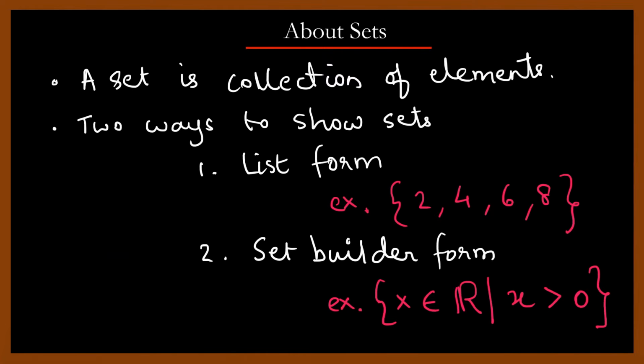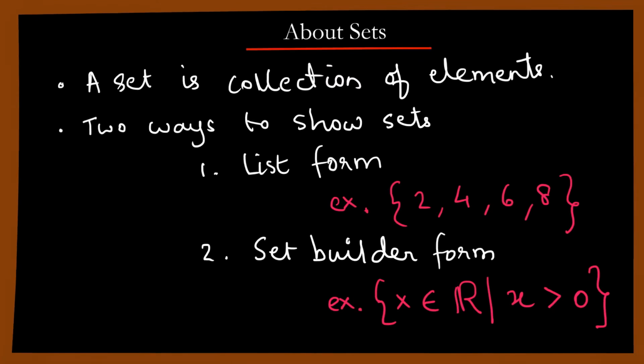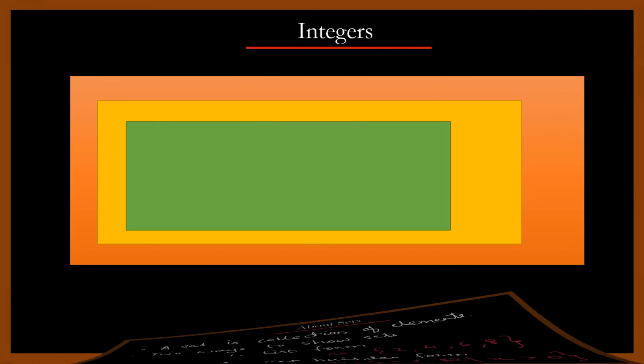All numbers belong to a set called real numbers, and the real number set is R. Rational numbers are a subset of real numbers, and the set is shown with the letter Q. The rational number set contains positive numbers, negative numbers, and 0. This subset of rational numbers, which contains positive numbers, negative numbers, and 0, is called integers.